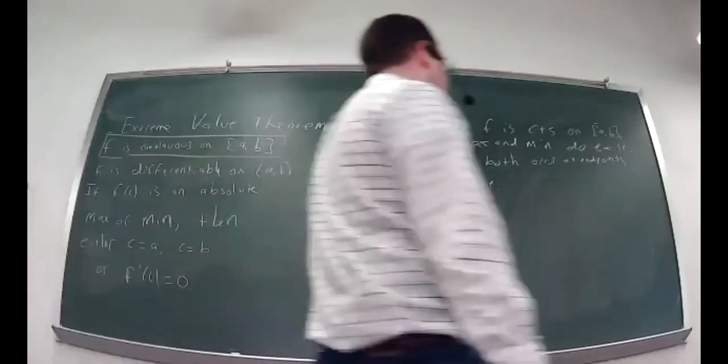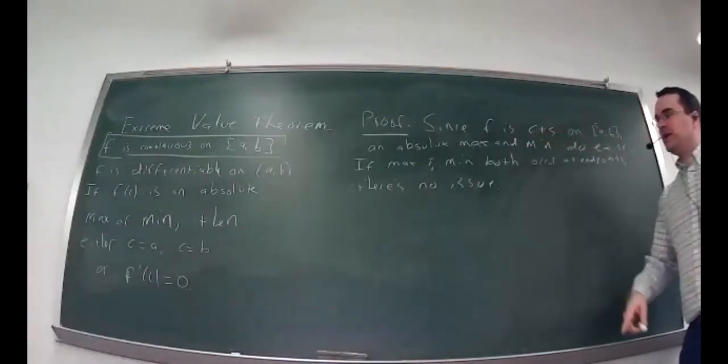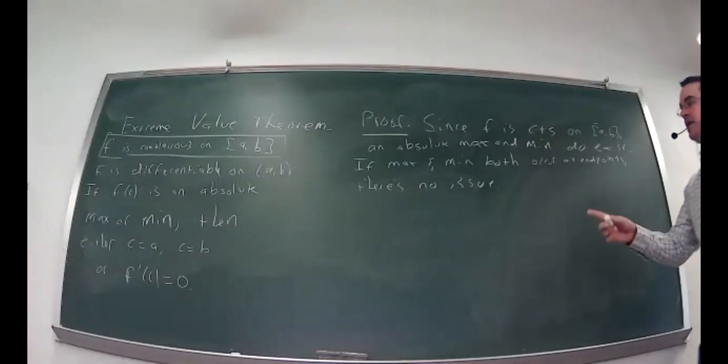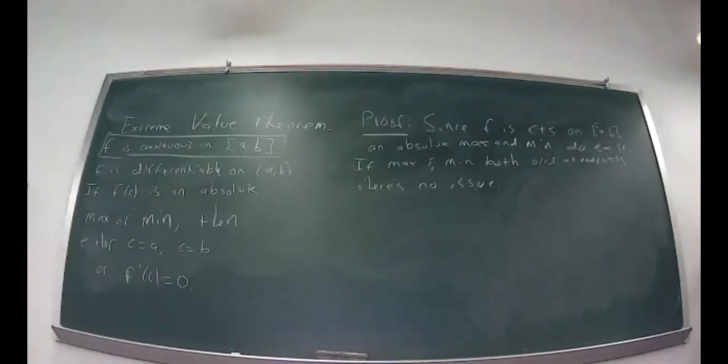On the other hand, suppose a maximum or a minimum happens at a point that's not equal to A or B, not one of the endpoints. What do we say then? Just for argument's sake, I used minimum last time. Let's use maximum this time.